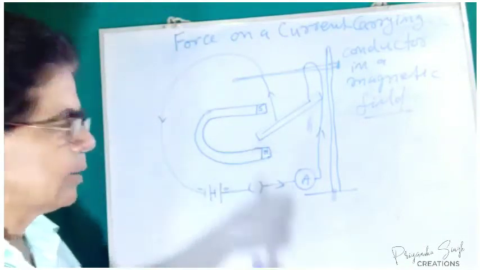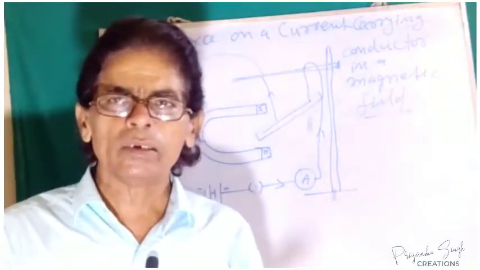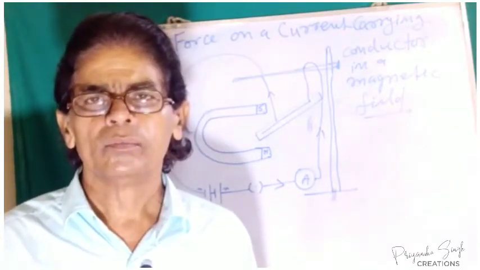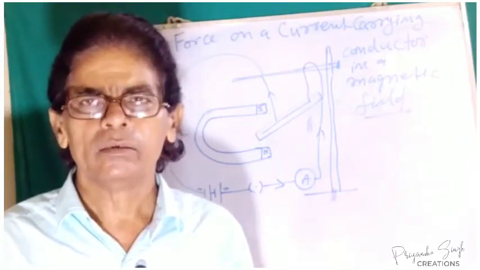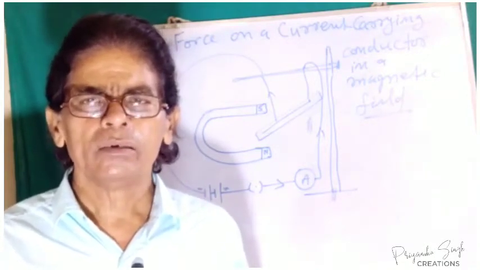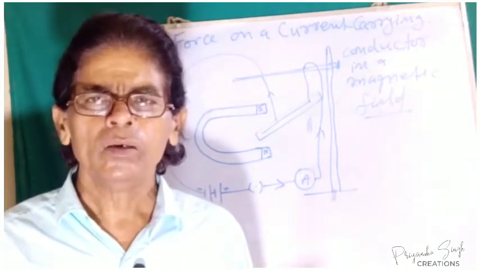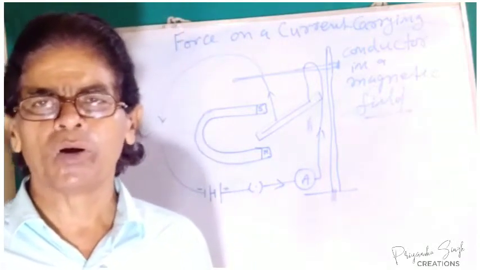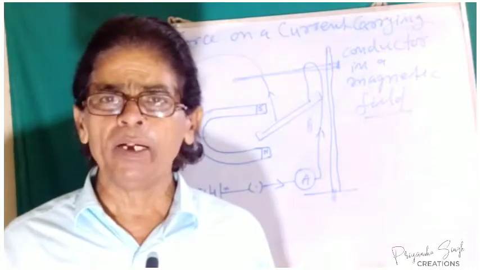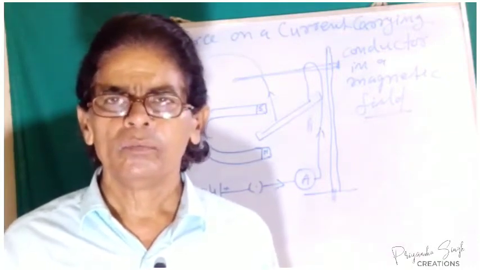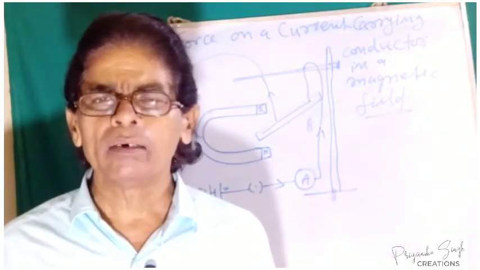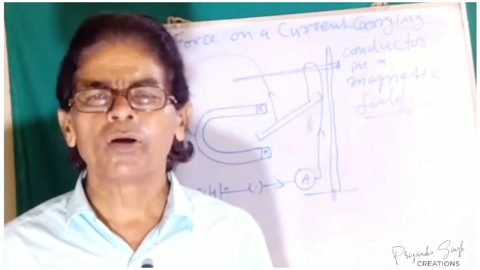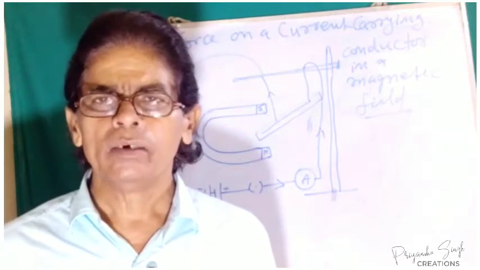Now as soon as the key is inserted into the plug fitted in the circuit, we observe a deflection in the aluminum rod. If we take out the key from the plug, the aluminum rod comes back to its original position.